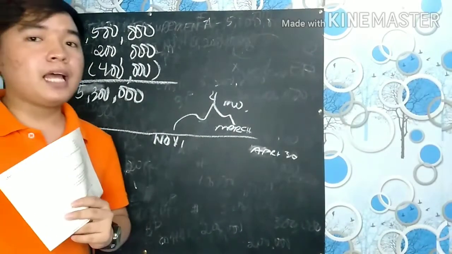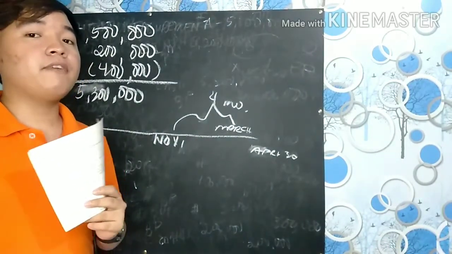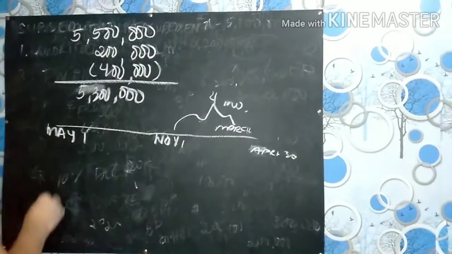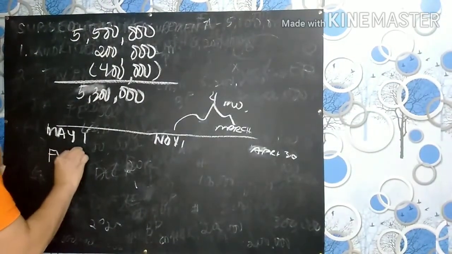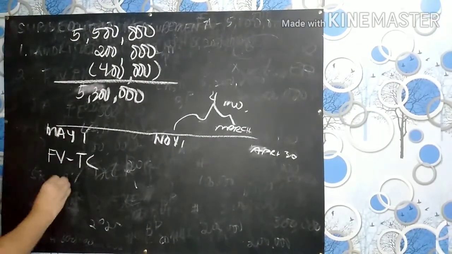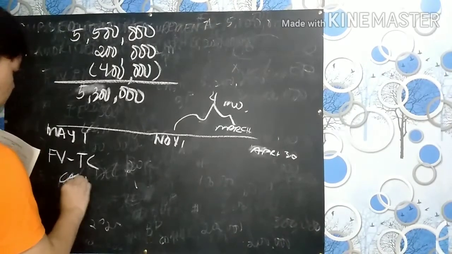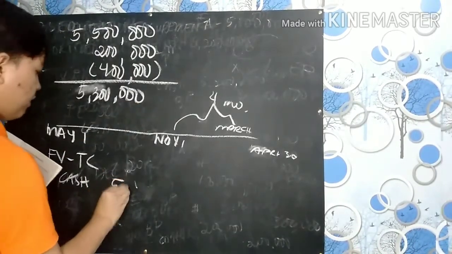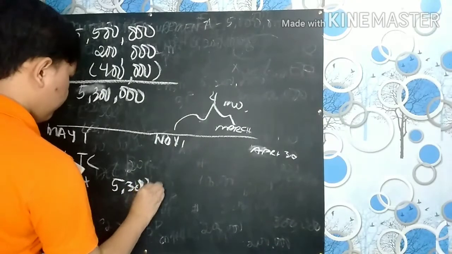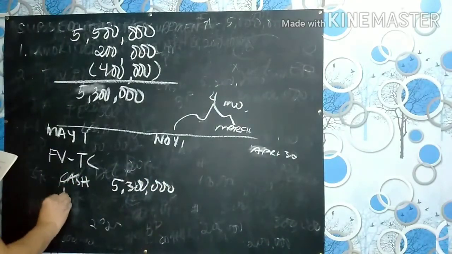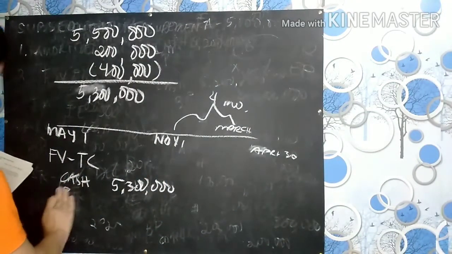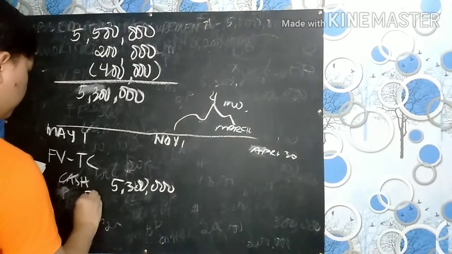Ano po yung magiging entry natin dyan? Let's say, ang ginamit natin na initial measurement is fair value less transaction cost. So, fair value less transaction cost. Ang magiging entry natin dyan is debit tayo ng cash. Of course, the total received na 5,300,000. Credit tayo ng bonds payable.